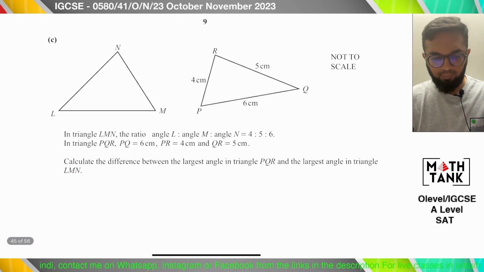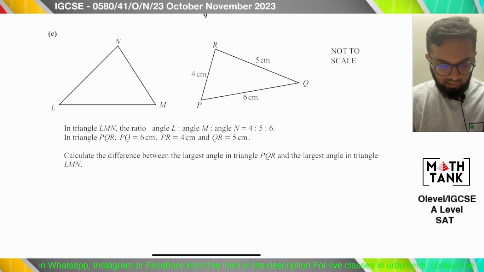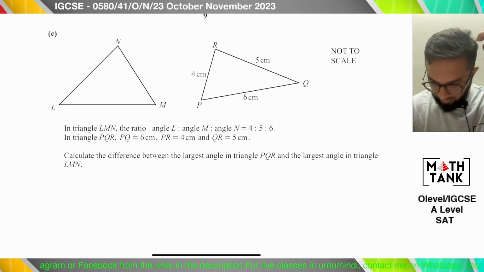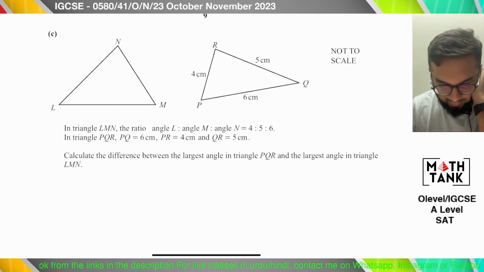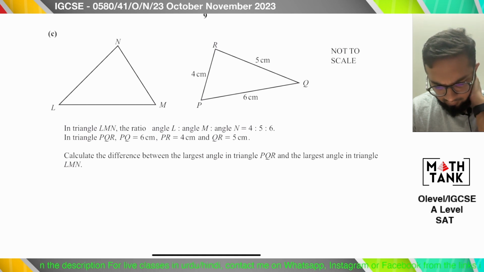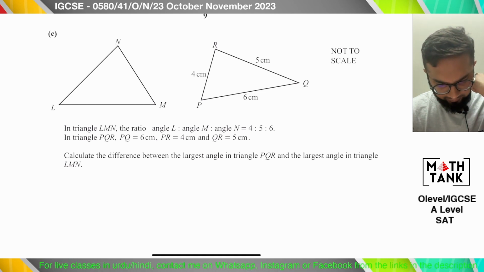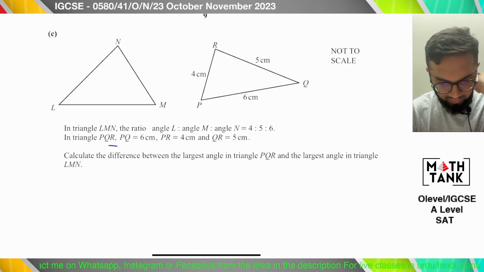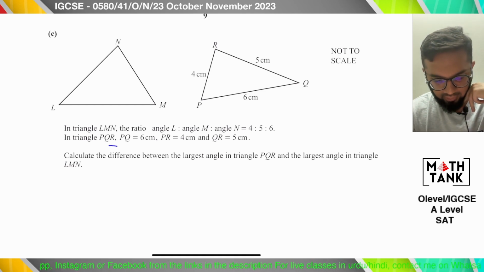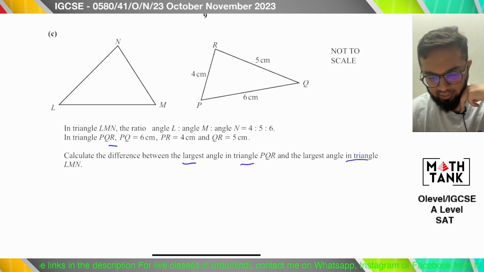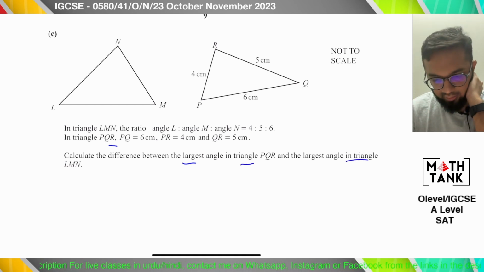But see, in triangle LMN, the ratio of angle L to angle M to angle N is 4 is to 5 is to 6. In triangle PQR, PQ equals 6, PR equals 4. Calculate the difference between the largest angle in triangle PQR and the largest angle in triangle LMN.